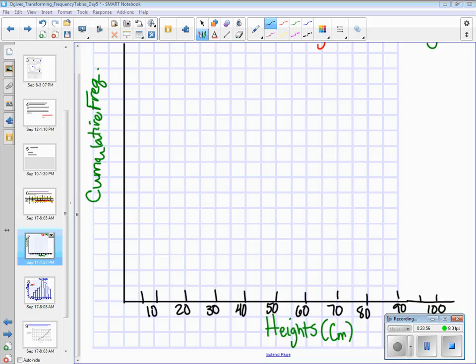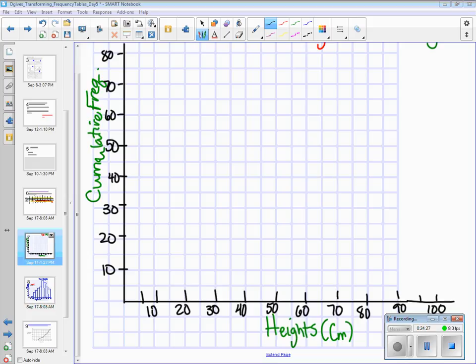So I'm going to go by tens again. So I've labeled my axes appropriately. I've given them in terms of units. I've numerically numbered them. Now I'm ready to actually start plotting and putting the points on the graph.